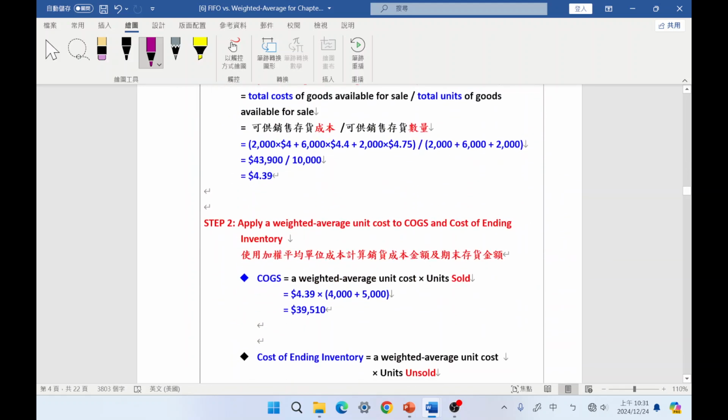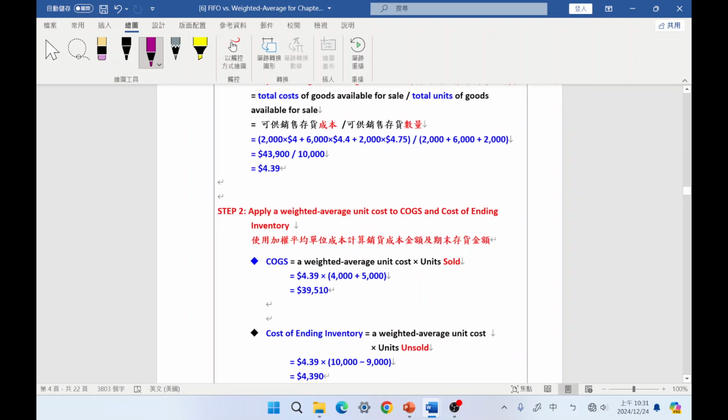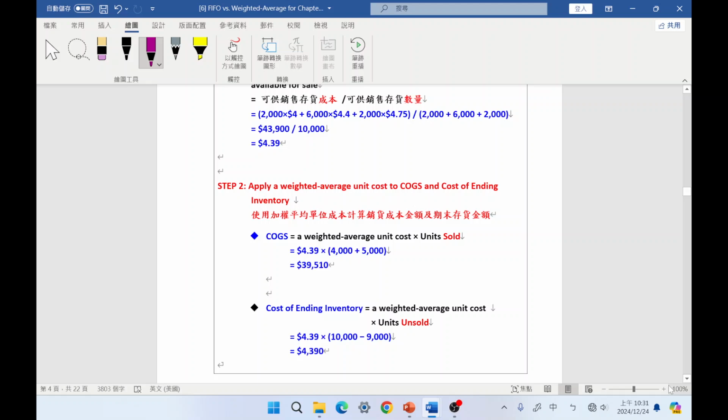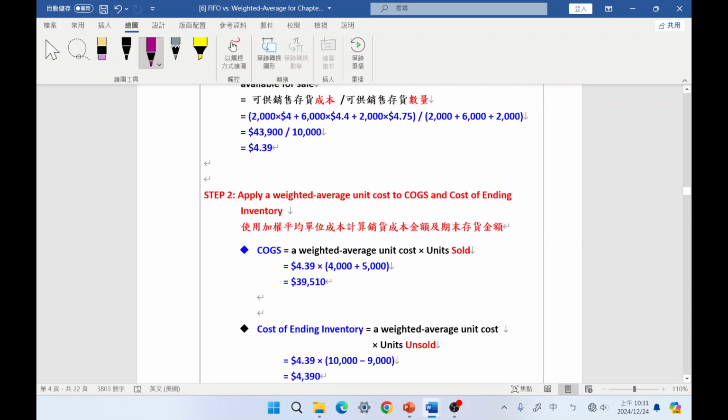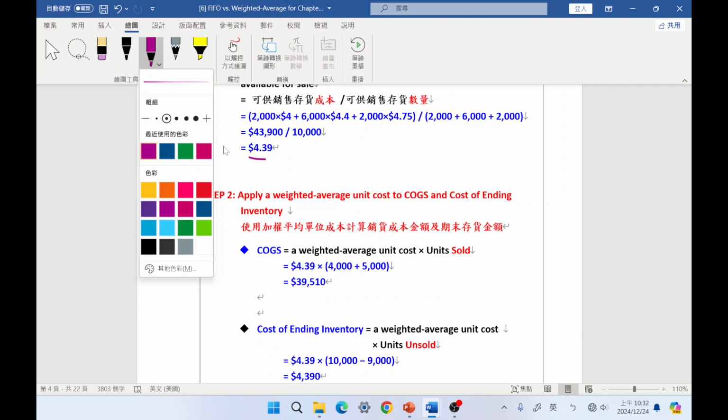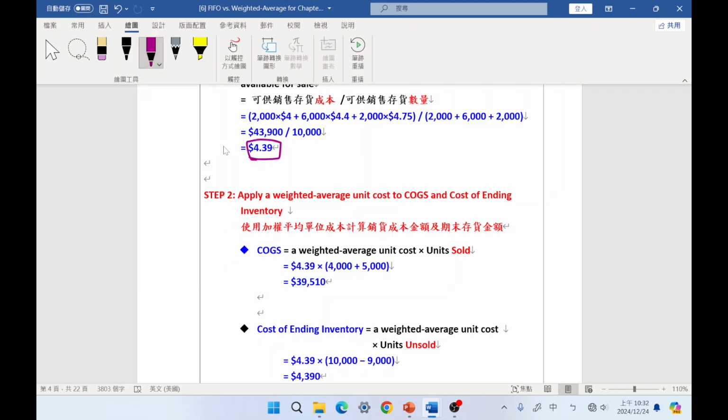Okay, if you finish, you can double check the answer right here. The new average cost 4.39. Okay, how to get 4.39? Remember, you are periodic 定期盘存制 lazy guy. So we compute the numbers on the last day.